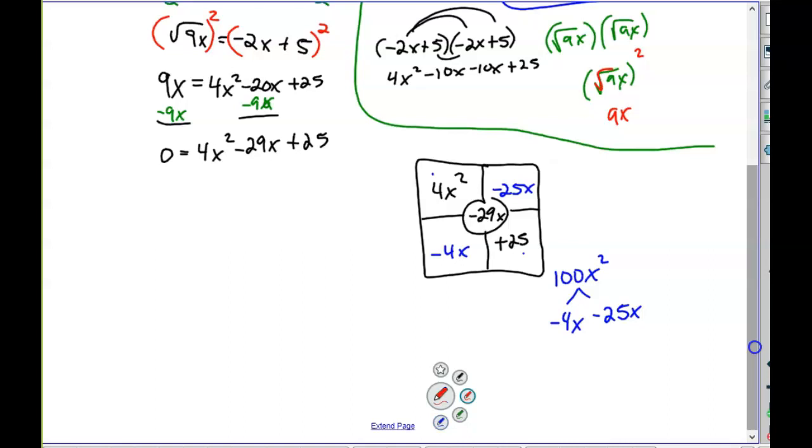This is an interesting one because, well, actually, no, not really. If I pull a 4 out there and I pull a 25, but I want it to be negative, what's left over here has to be a 1 and a negative. So again, double check that that actually works out. And it should. I don't think I made any errors.